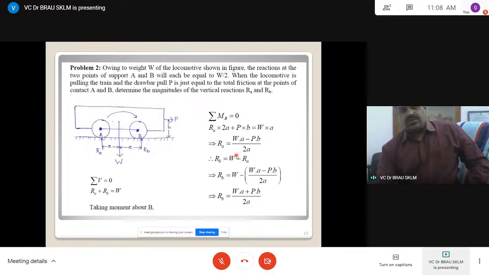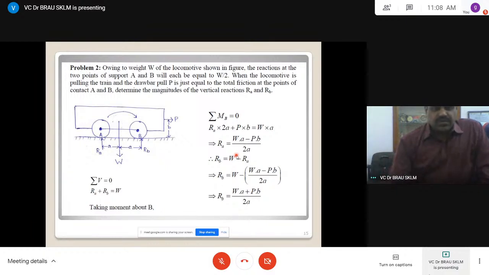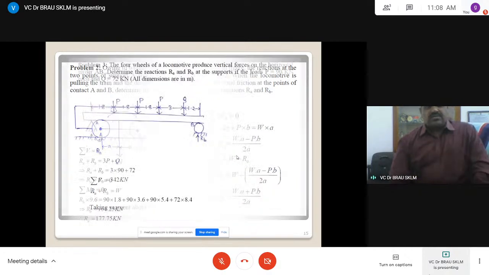From this find out RA, and you can resubstitute to find the moment about point B. So this is one principle, what we are calling the concept of parallel forces.